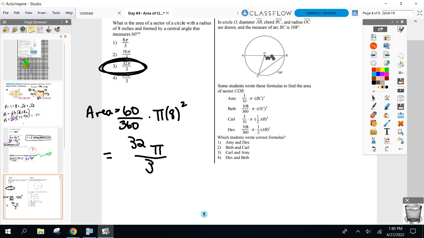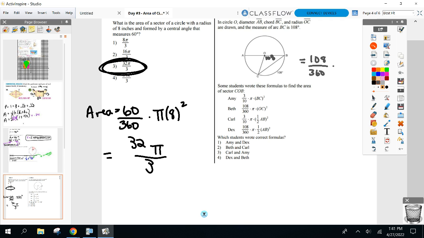All right, how would period 8 do this? We would say measure of the arc, 108, over 360 times, I know we don't have a radius length, but what do I got? Give me a radius up here.